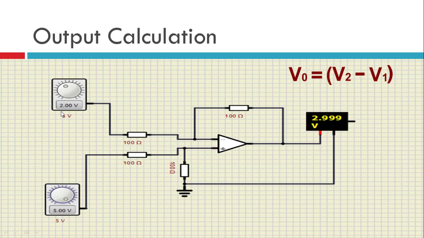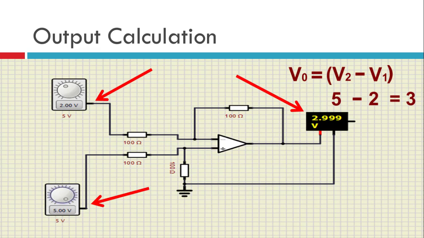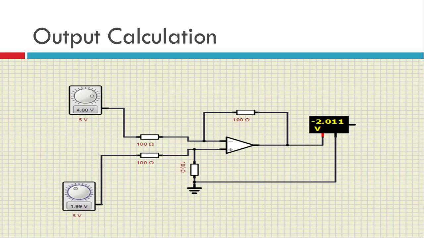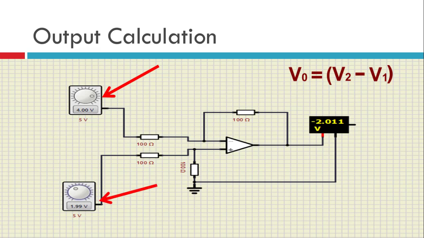Let us see if we apply this particular voltage. The input voltage at the inverting end is 2 volt and the input at the non-inverting end is 5. If we put the values, we get 3, because 5 minus 2 is 3. Let us see another example. In this example we are giving the inverting input as 4 volt and keeping the non-inverting as 2 volt, almost.